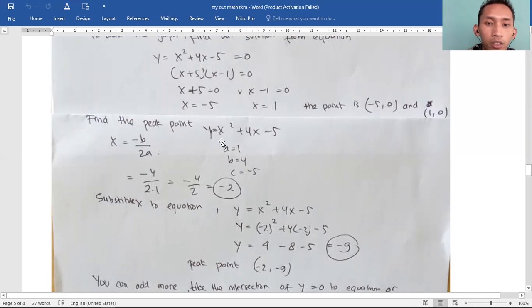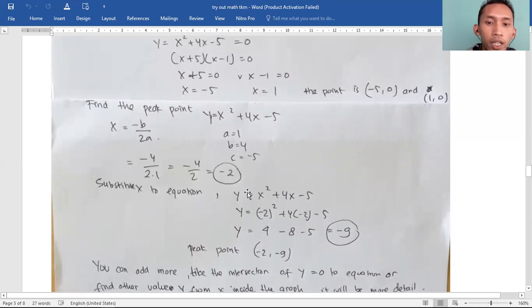From this equation, a is 1, b is 4, c is negative 5. Okay, so coordinate for x is negative 4 per 2a. So negative 4 per 2 is negative 2. And then we just need to substitute x into the equation, so you will find y. So y is negative 9. So the big point is negative 2 and negative 9.